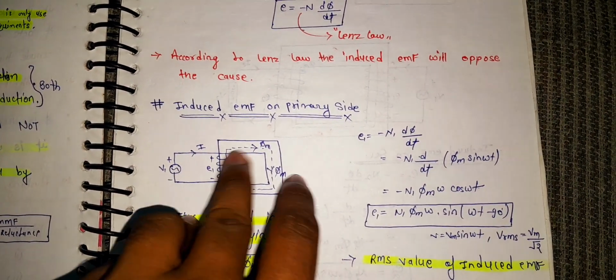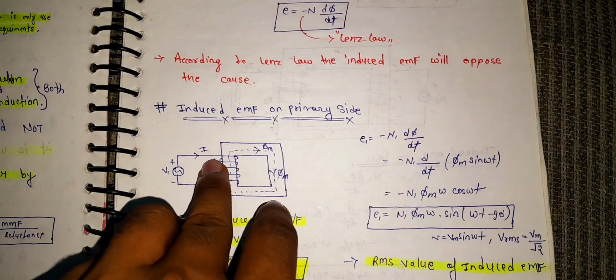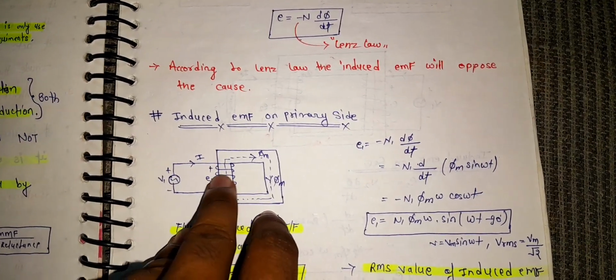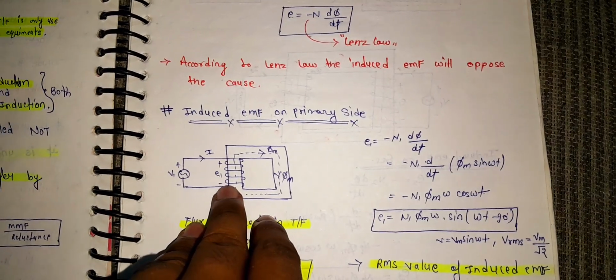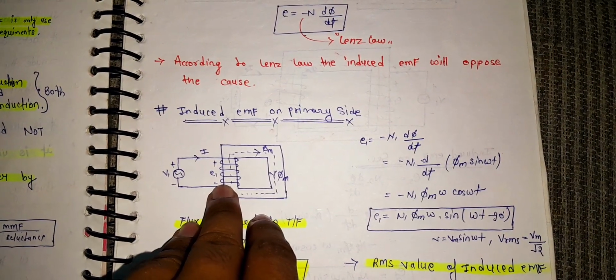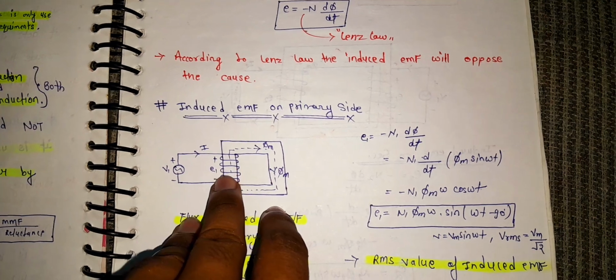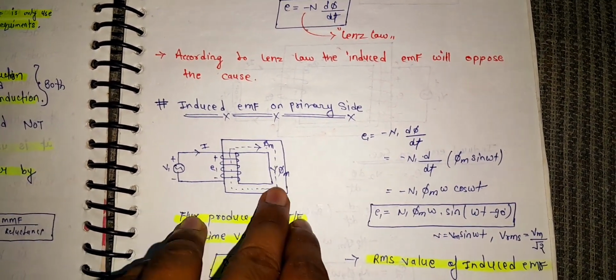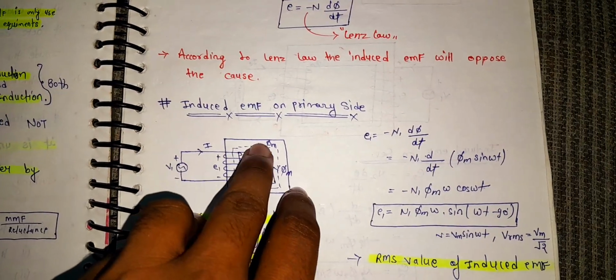Flux flows according to the current in this coil, and around this coil a flux will be generated, and this flux flows in a round shape in the core.